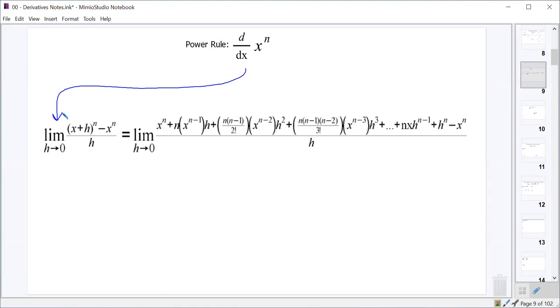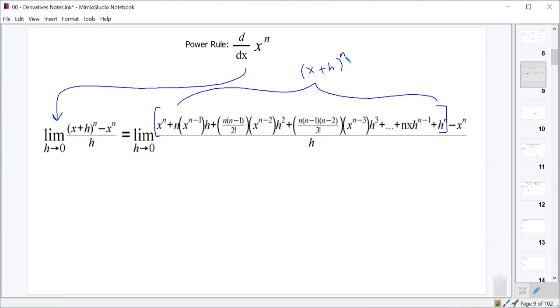So we can just use the binomial theorem and Pascal's triangle to expand out x plus h to the n. So everything from here to here, that is just the expansion using the binomial theorem of x plus h to the power of n.